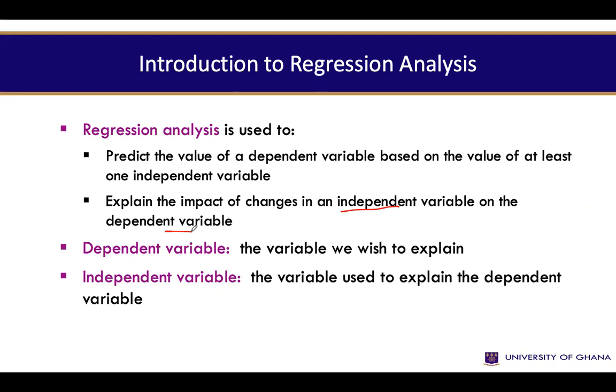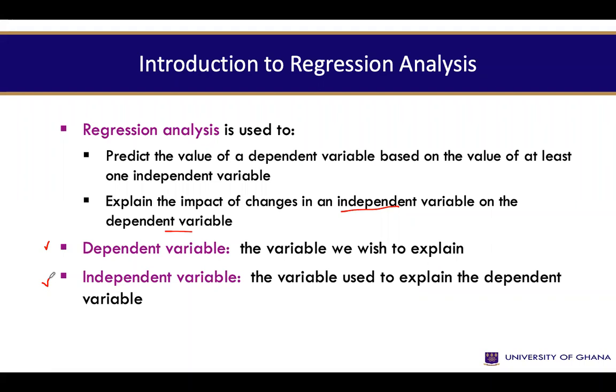Now, we've learned two things: a dependent variable and independent variable. What are they? A dependent variable is the variable that you wish to explain, the one you wish to predict. So if I want to use your business math score to predict your quantitative method score, then we are making a statement that your quant score depends highly on your business math score.